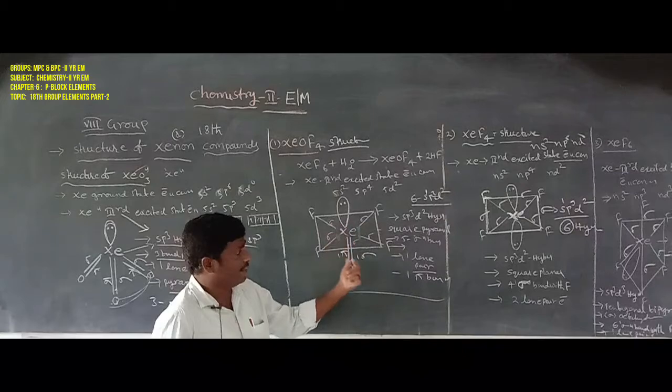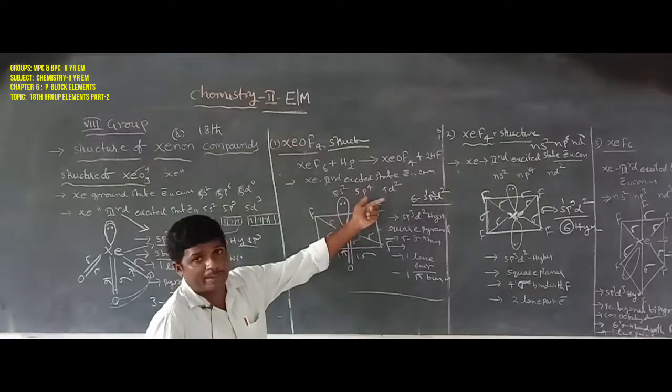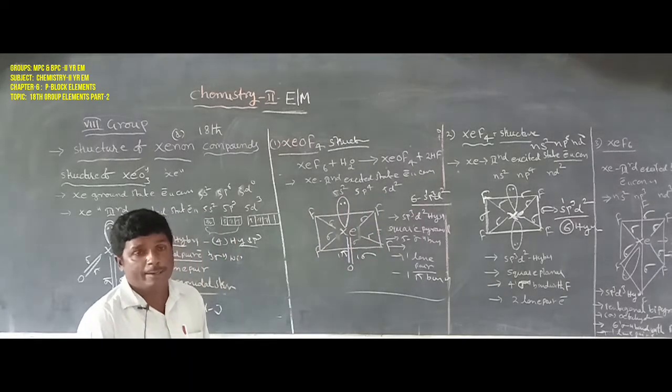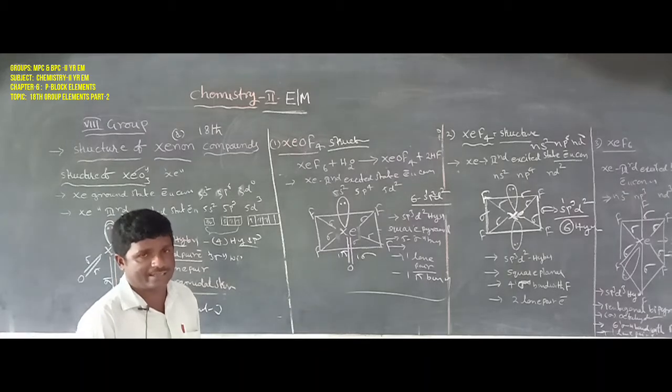That makes a total of 5 sigma bonds and 1 pi bond, with 1 lone pair remaining, giving a square pyramidal structure. Square pyramidal is the structure of xenon oxytetrafluoride.